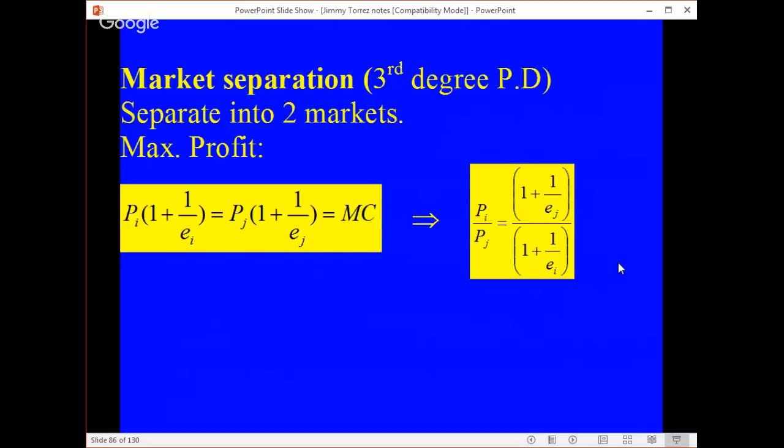So the ratio of prices, Pi over Pj, is going to equal the ratio of 1 plus 1 over the elasticity of demand for group J divided by 1 plus 1 over the elasticity of demand for group I. So the ratio of prices is going to depend on the relative elasticities of the two groups. The group with more elastic demand gets the lower price.